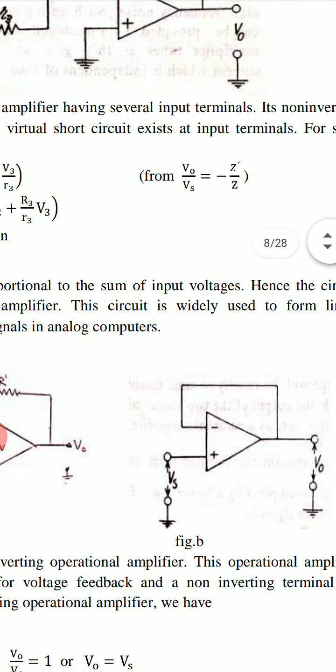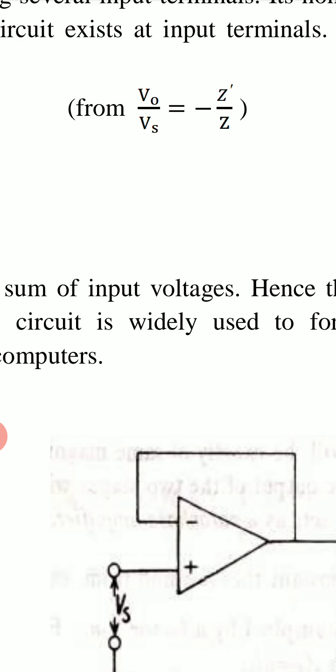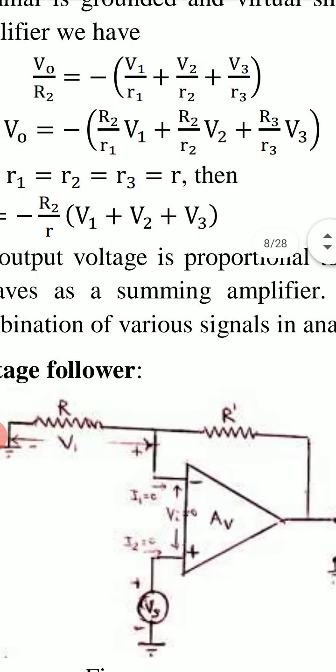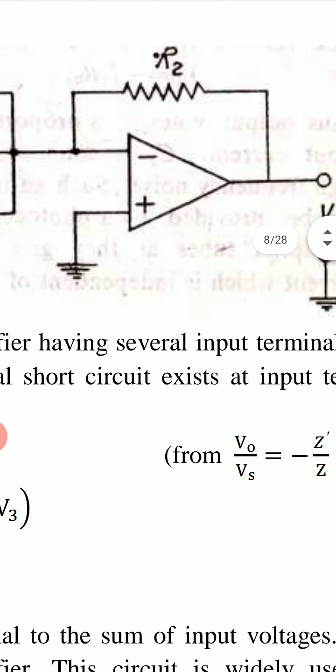From this relation for basic inverting amplifier, VO upon Vs equal to minus Z dash upon Z. From this relation, we have VO upon Z dash equal to minus Vs upon Z, and here Z dash is equal to R2.